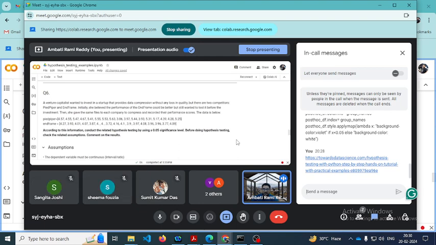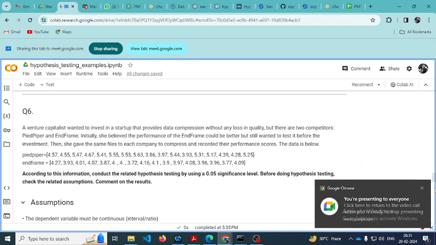It will give more idea to understand a variety of problems and how to prove hypothesis testing. This is a good resource, and that's why I'm discussing these problems here.